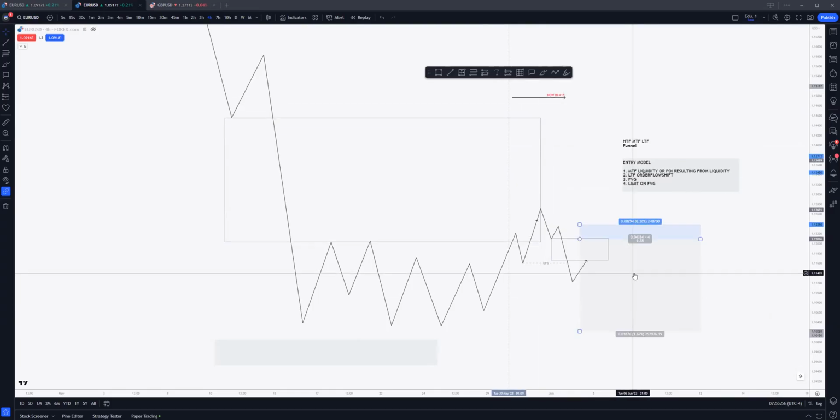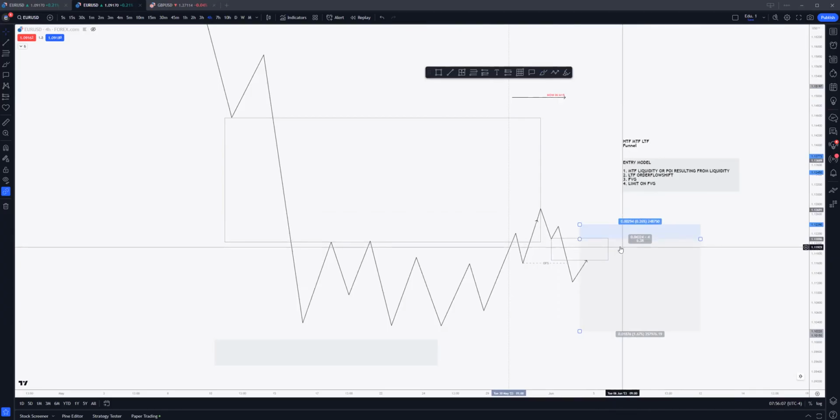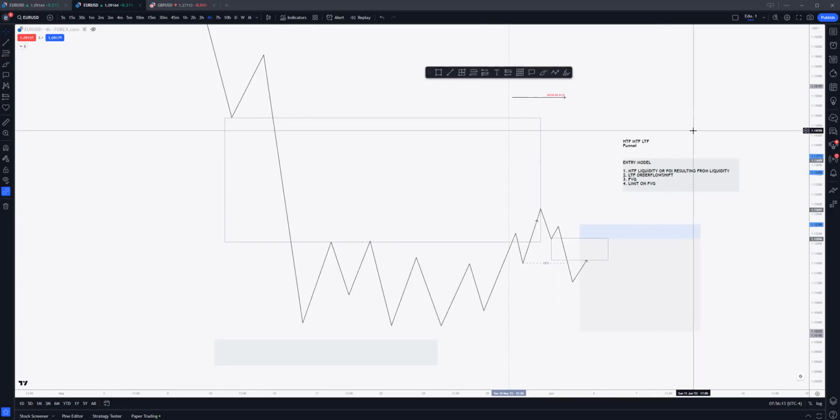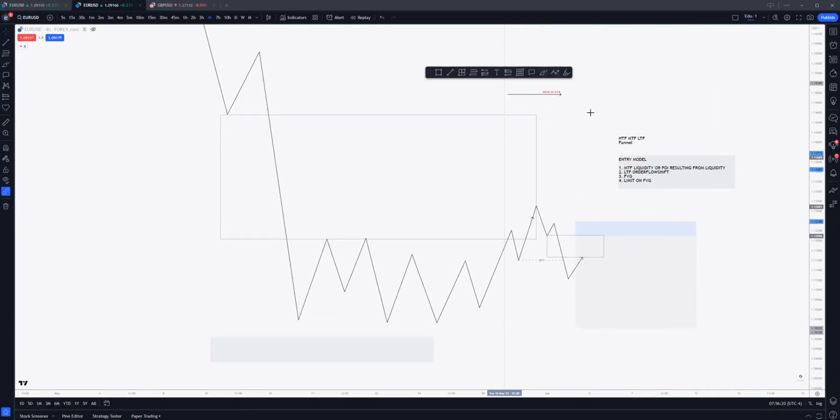So generally, look at the RR instead, and even that is kind of a bad habit. But the only reason I do that is because I know what my average RR is for my trading system. So I know if it's too low, then it just might not be worth it for me. Generally the RR is there because sometimes what you're targeting might be 70 pips, sometimes it might be 20 pips.